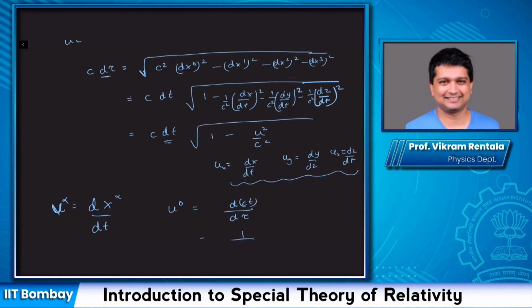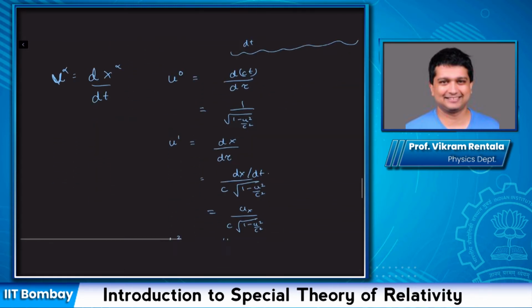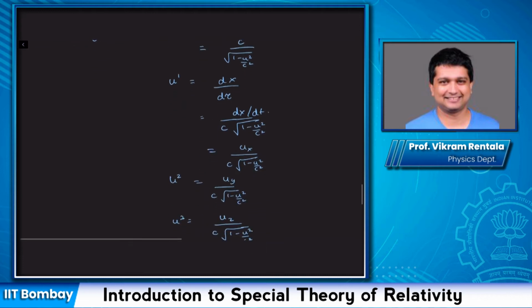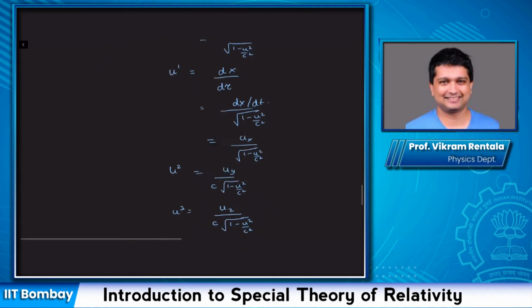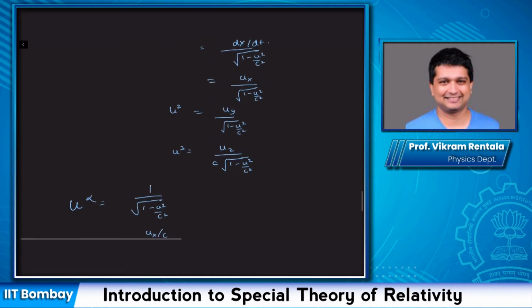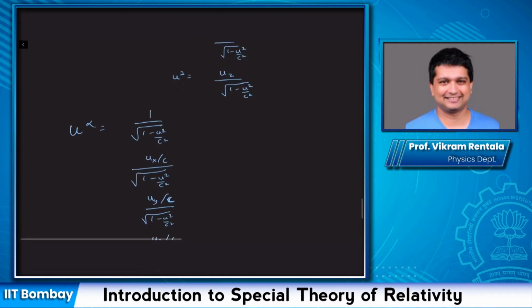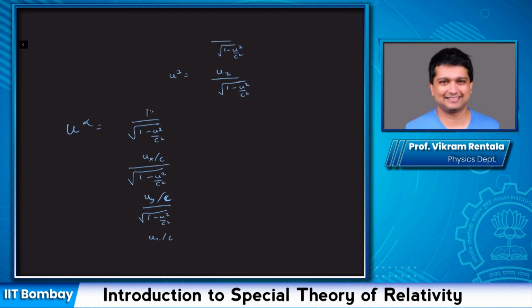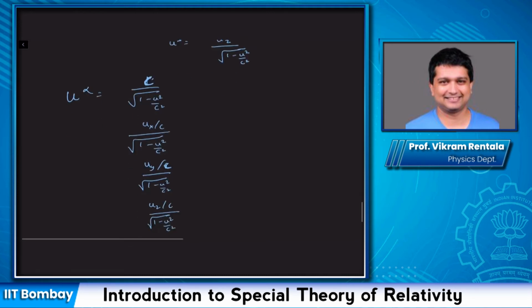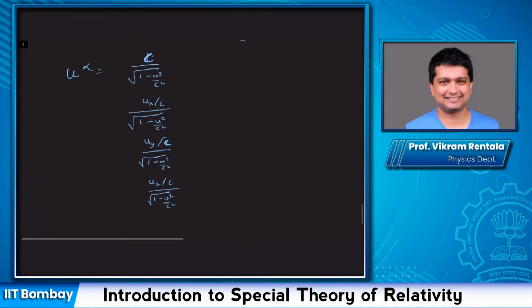Over here in the numerator, I would still have factors of c. So I would have a factor of c in the numerator here, and I would not have this factor of c in the denominator here, or here, or here, or here. So doing this a little more carefully, we have a factor of c here, and we don't have factors of c in these denominators.